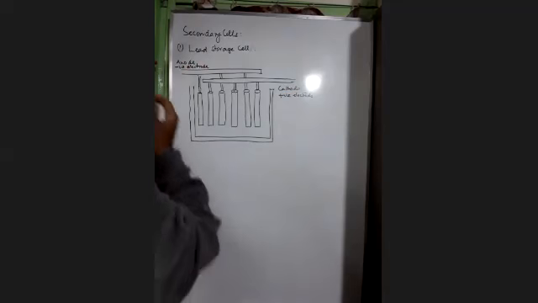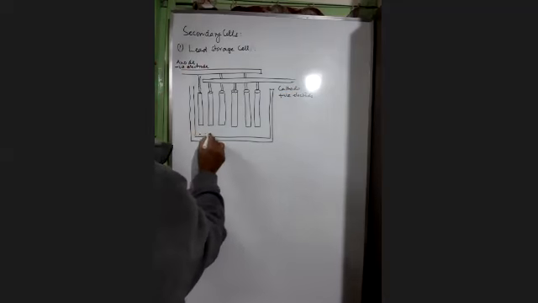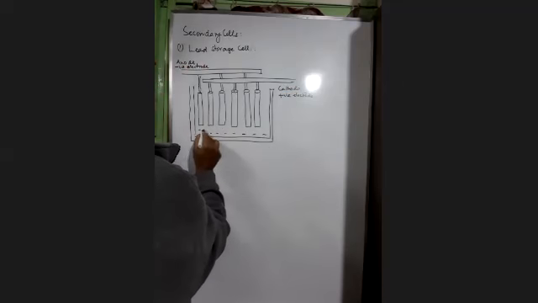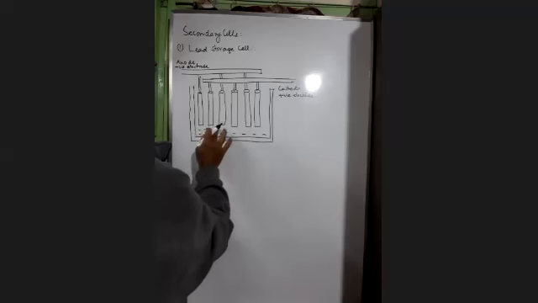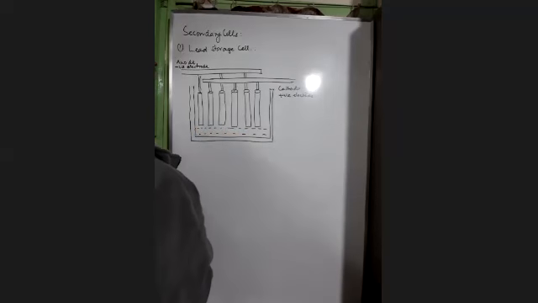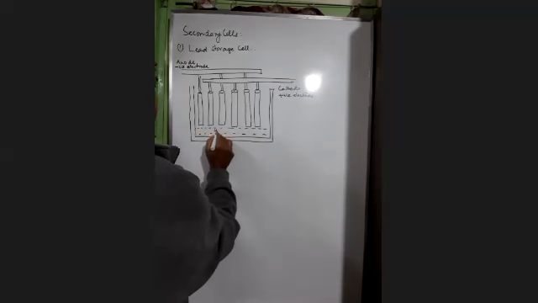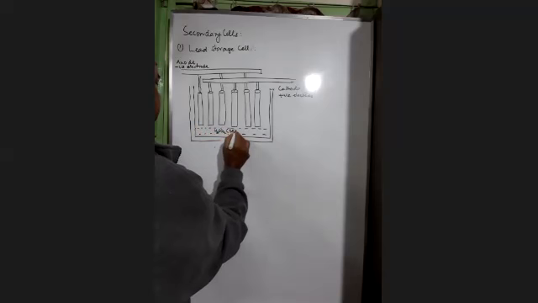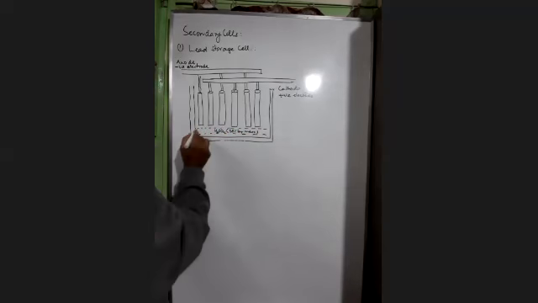Now this is the electrolyte. This electrolyte is made of sulfuric acid, 38% by mass. Okay.